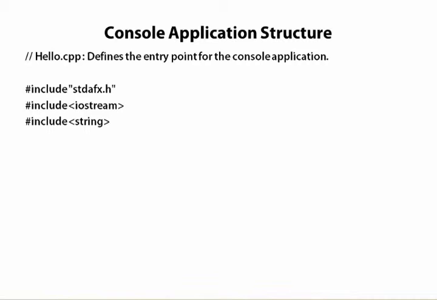So these 3 lines include one header from elsewhere in our project, pronounced standardafx.h. You pretty much always pronounce std as standard in C++ land. And 2 headers from the library, one called iostream and one called string. And between them, these headers provide some of the definitions that the rest of the application is going to use.